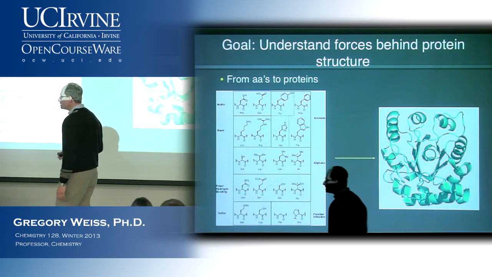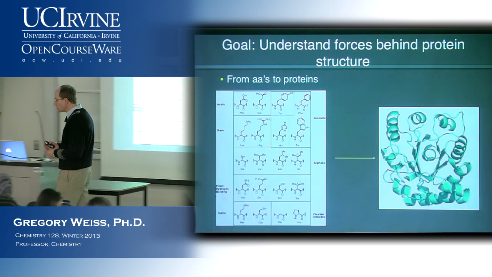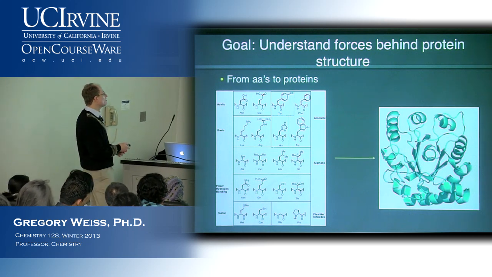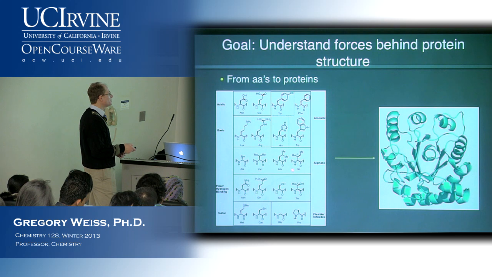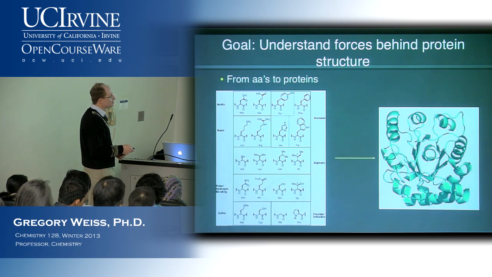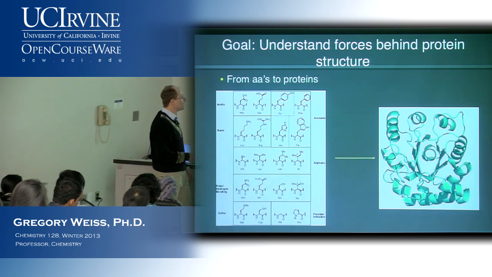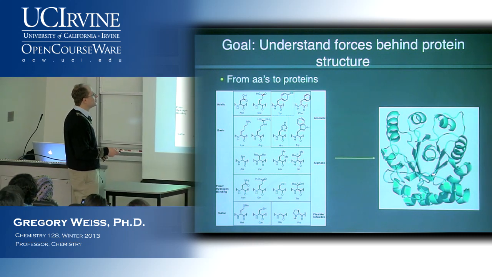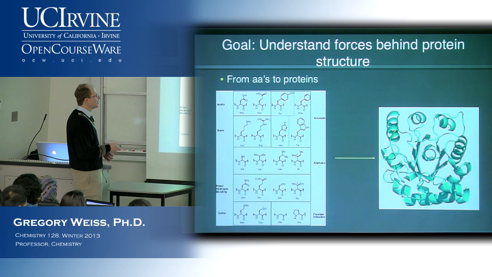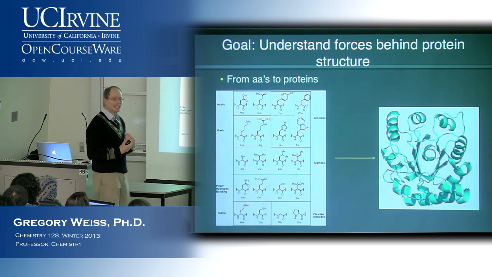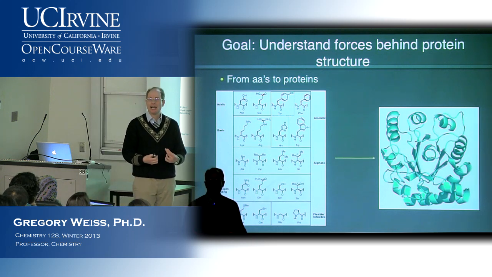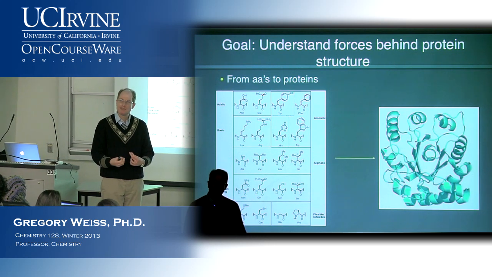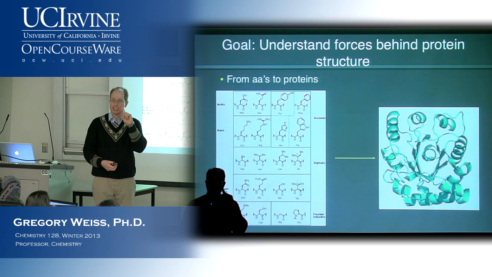So here's what I want to do over the next couple of days. I want to understand the forces that take a set of amino acids, like what I showed two slides back, and understand how these amino acids force the protein to adopt a particular shape. Because the sequence of amino acids that encodes a protein in turn specifies one predominant shape.